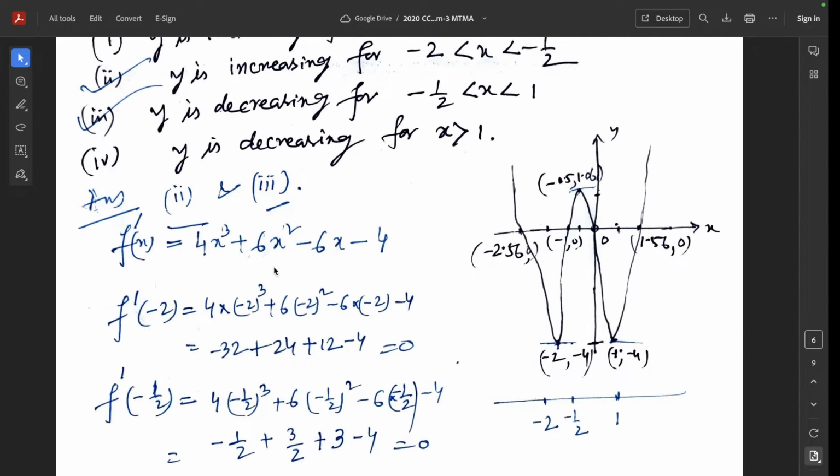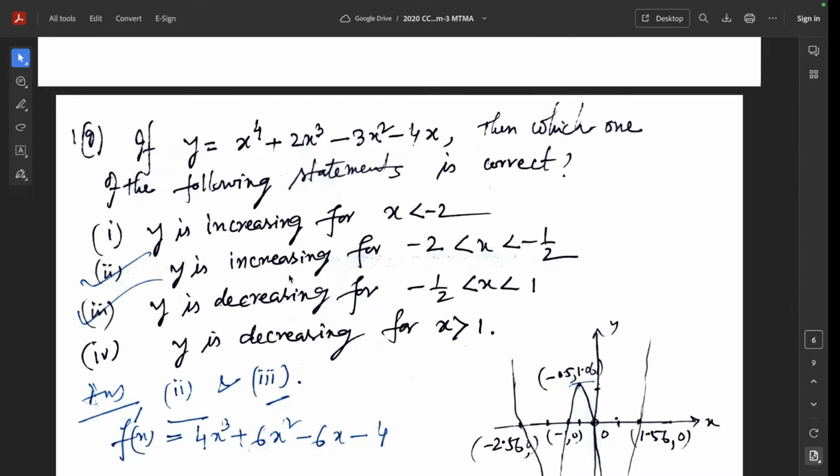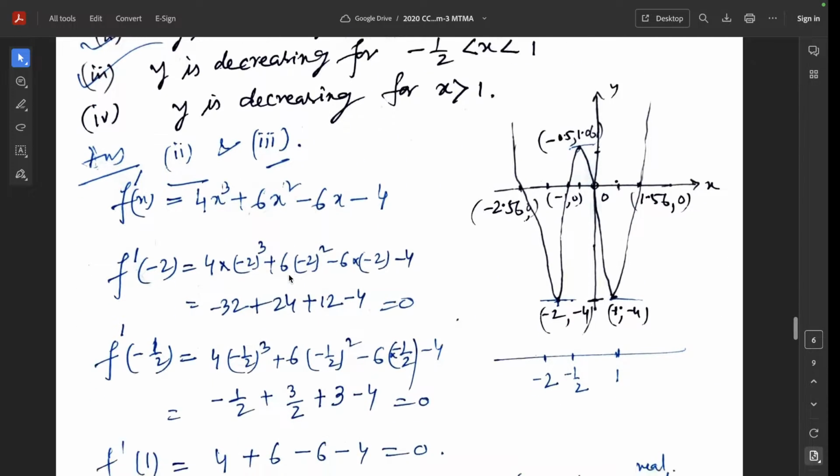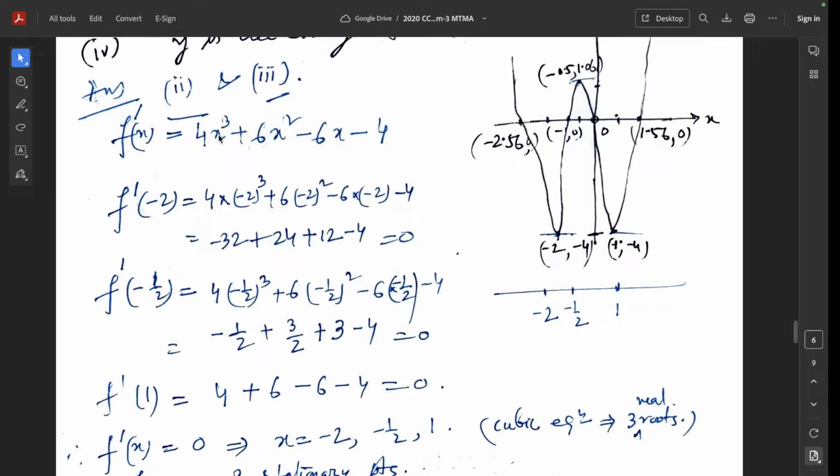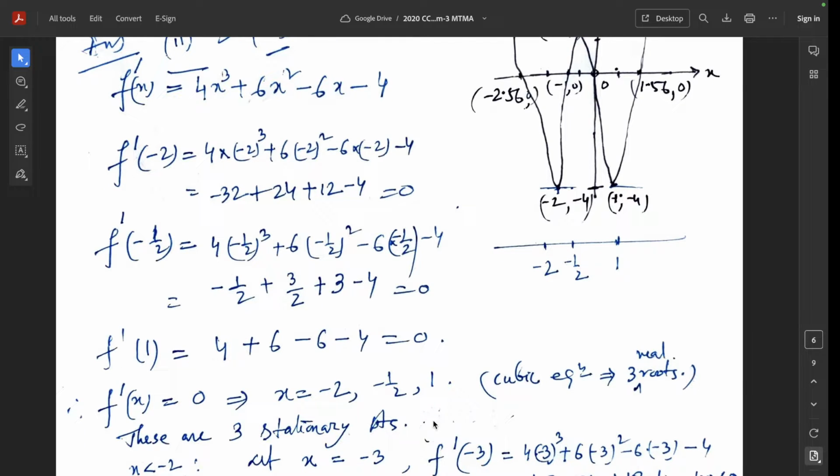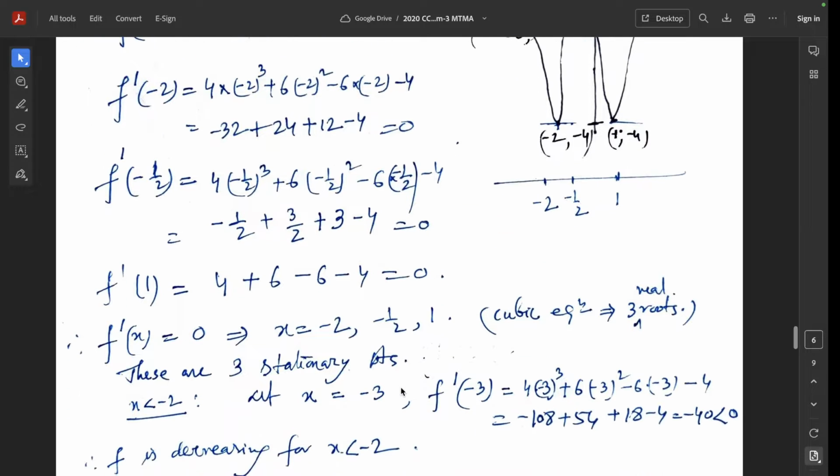So f dash x equals 0, this is a cubic function, so we find three roots. There are 3 real roots: minus 2, minus half, and 1. So f dash equal to 0 at these. These are 3 stationary points, where a local minimum or maximum may occur.